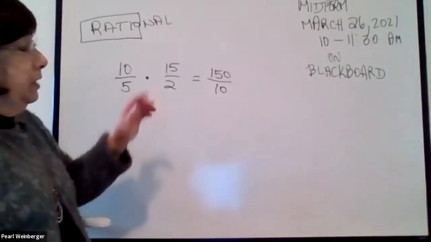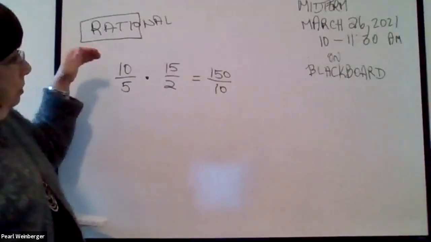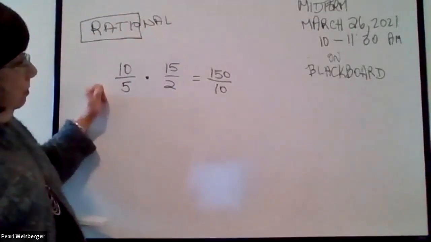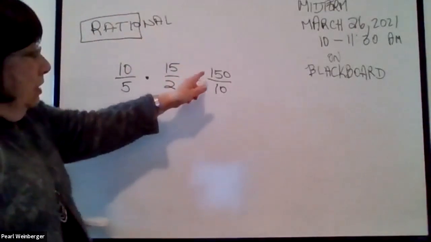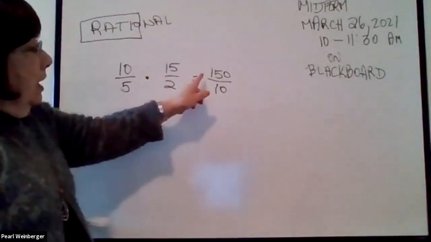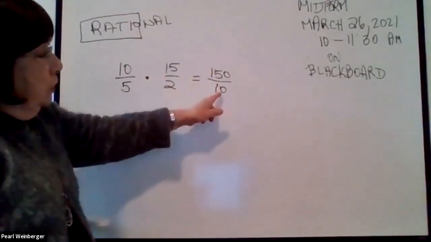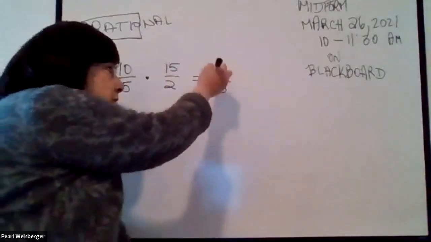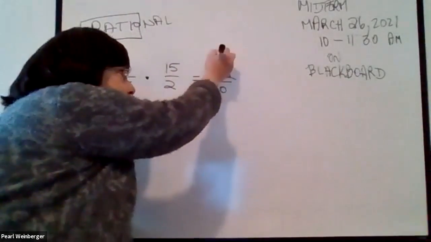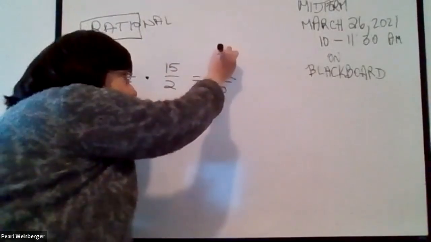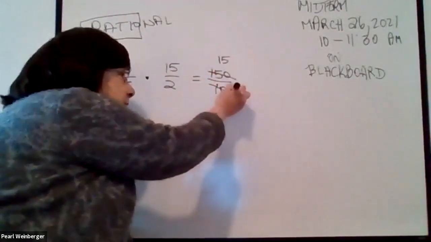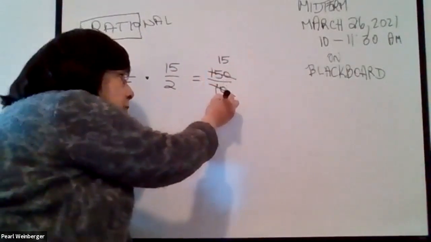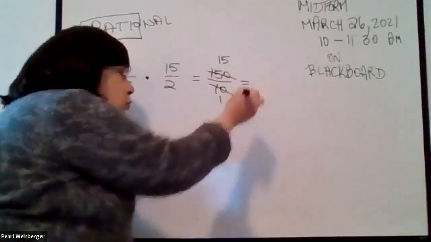Okay. All you have to do, really, it's simple. Multiply the tops together, multiply the denominators together, the bottoms, and then reduce. So you get 150 over 10, and I think you could see that 10 is a common factor. If I divide the 150 by 10, I get 15. If I divide the 10 by 10, I get 1. So I get 15 over 1.